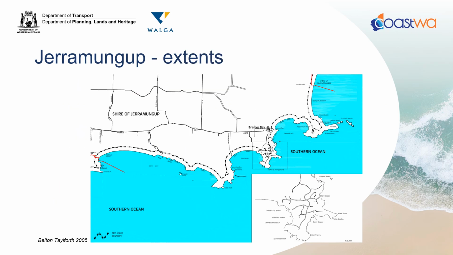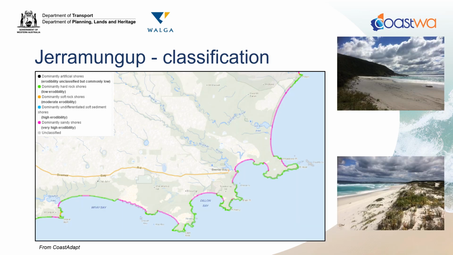The extent of the Shire of Jerramungup up on the south coast extends from the city of Albany to Ravensthorpe, and you can see we've got a lot of rocky headlands protecting sheltered little bays, so quite a large stretch of coast. We looked through the classification of this coast using the CoastAdapt Shoreline Explorer.